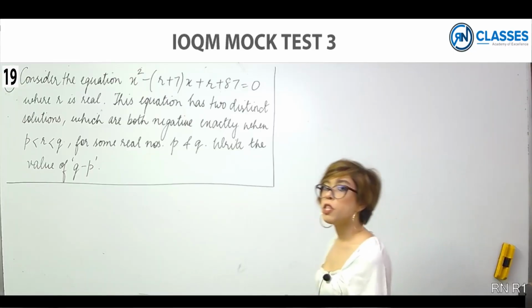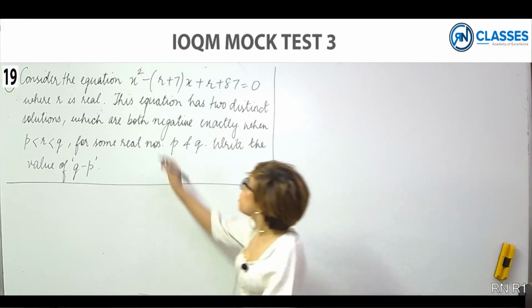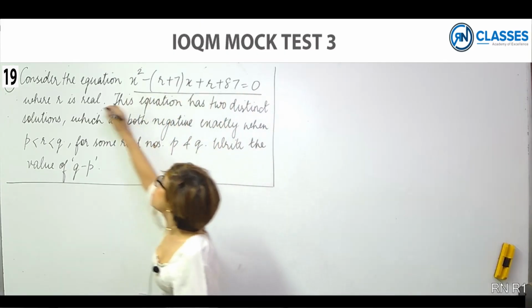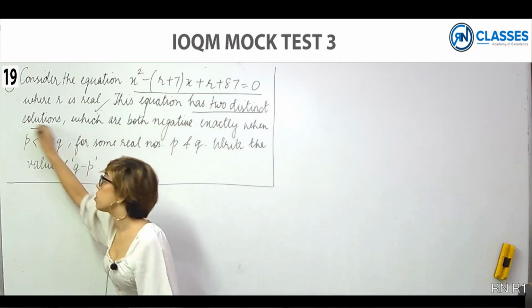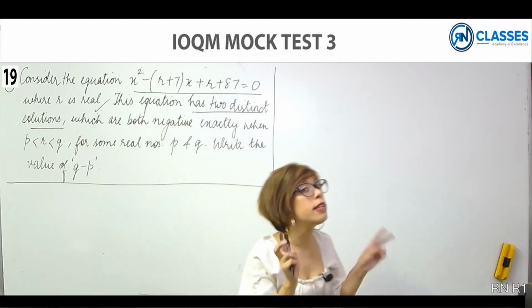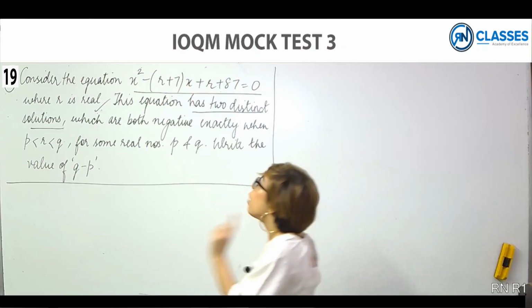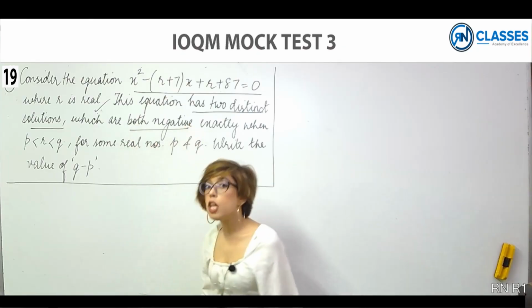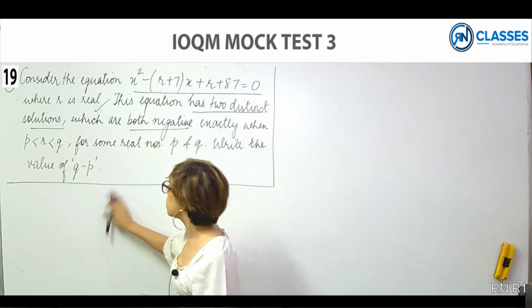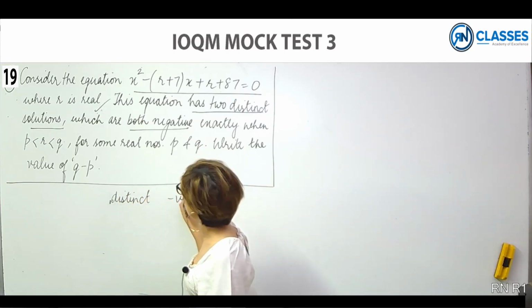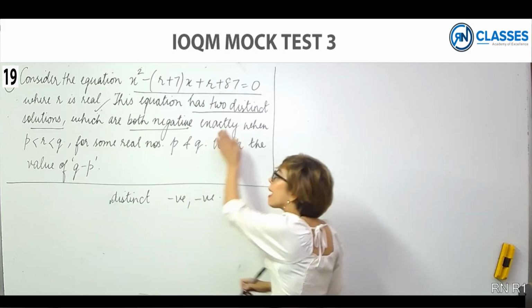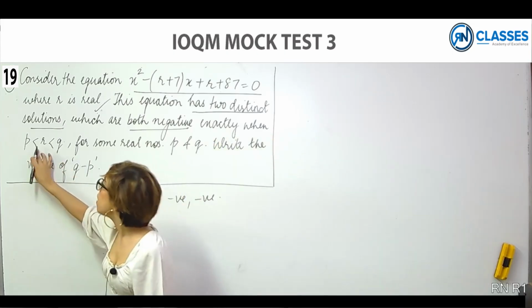Alright, for the next question, he says consider this equation where r is real. Now he says this equation has two distinct solutions, which are both negative. Right? So distinct solutions I have, and both of them are negative, exactly when p is less than r, less than q.